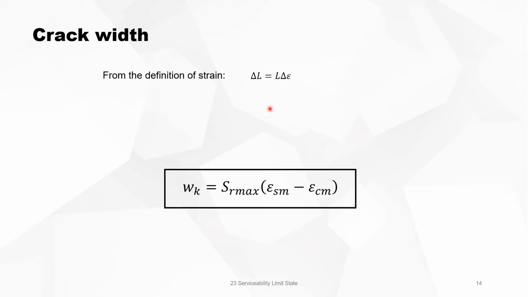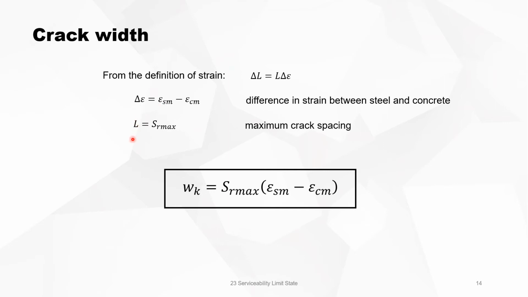So now let's look at the definition for strain. Delta L equals L times delta epsilon. That's in fact just the definition of strain. Delta epsilon is delta L over L. And we assume that delta epsilon is the difference in the strain between the steel and the concrete, the mean strain in the steel and the concrete. So that's the delta epsilon. And the L is the maximum crack spacing. It's s_r,max, the maximum crack spacing. And delta L equals the crack width.